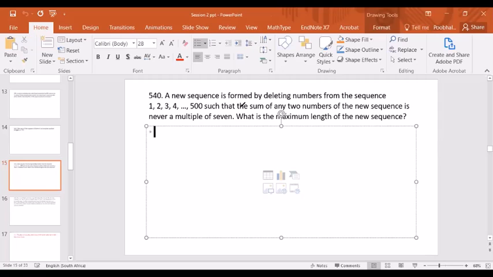All right, you have to try to understand this question here. The question says that you write down all the numbers from 1 to 500.